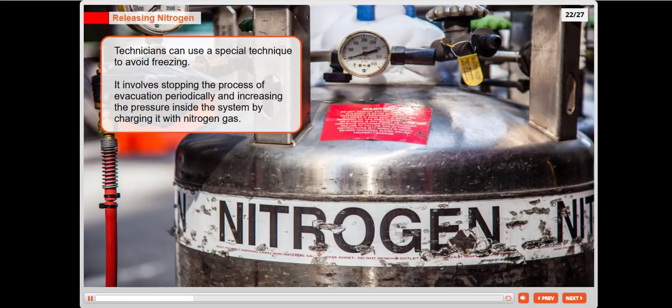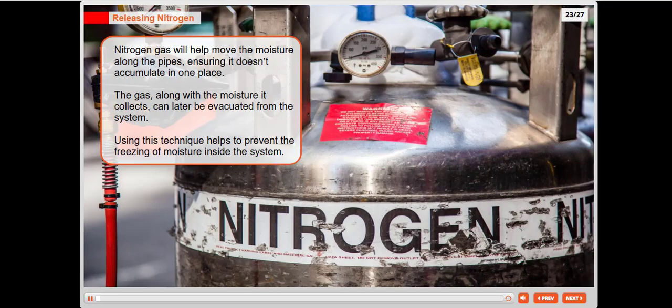It involves stopping the process of evacuation periodically and increasing the pressure inside the system by charging it with nitrogen gas. Nitrogen gas will help move the moisture along the pipes, ensuring it doesn't accumulate in one place. The gas, along with the moisture it collects, can later be evacuated from the system. Using this technique helps to prevent the freezing of moisture inside the system.